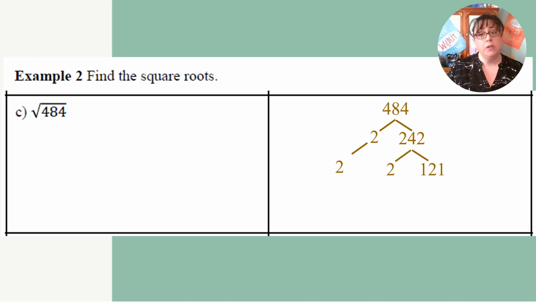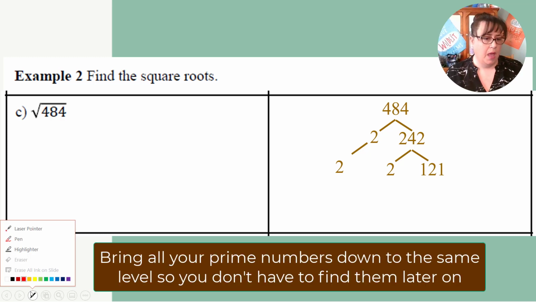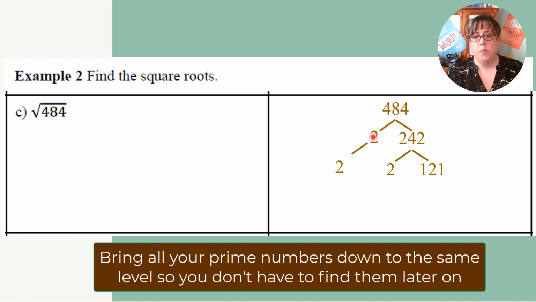Now, you will notice I am doing something that a lot of other math teachers don't do. I am pulling my 2, which is already factored down to this prime factor, down to this level. I do that so that when I'm done, I just look at my very last level and I don't have to come back up and find my final prime numbers.